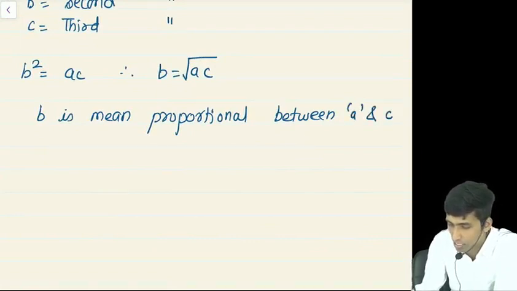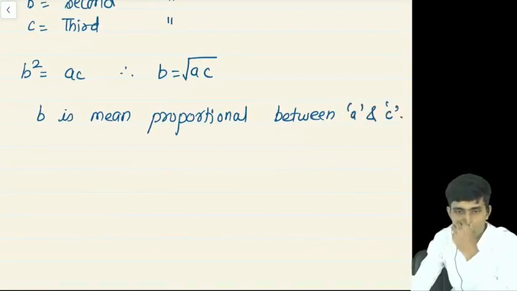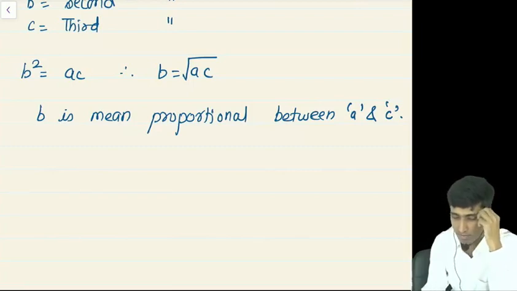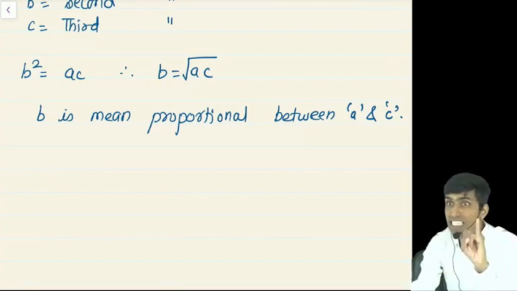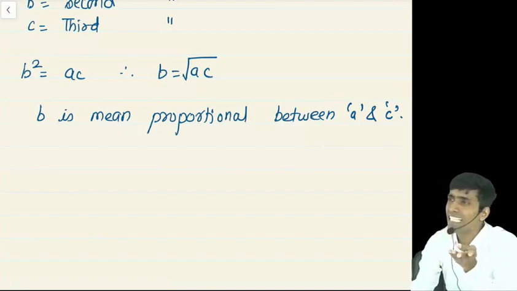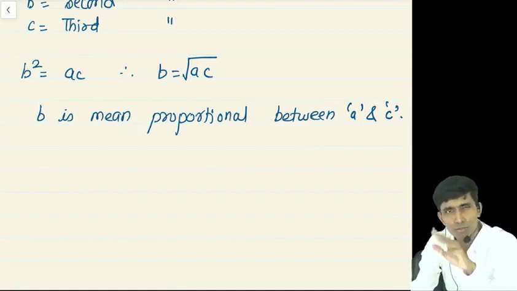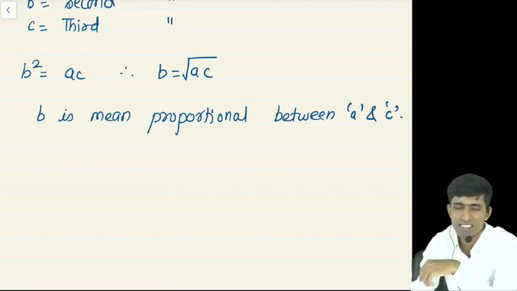A and C. Full stop. If it is A, B, C, D, A is first proportional, B is second, C is third, D is fourth. Simple.